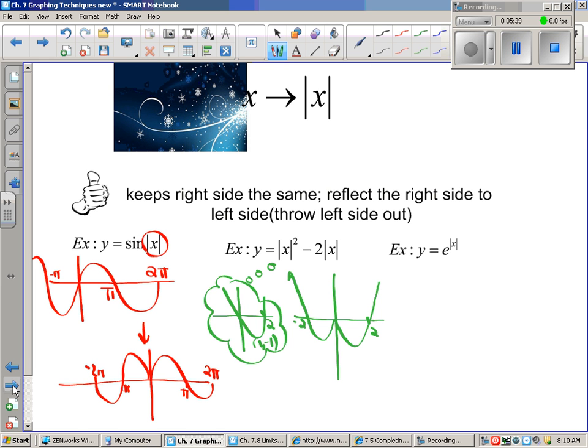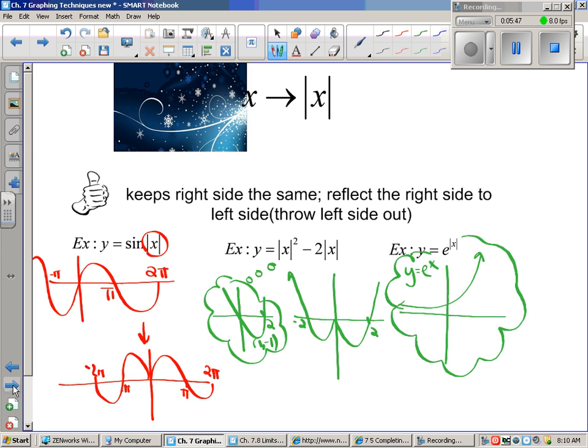e to the x. Let's look at that one. Again, we know what that e to the x graph looks like. That's what it is, right? And so when I do the absolute value of x, the right-hand side would stay the same. The left-hand side would take on the same values as the right and would look as awkwardly as that.